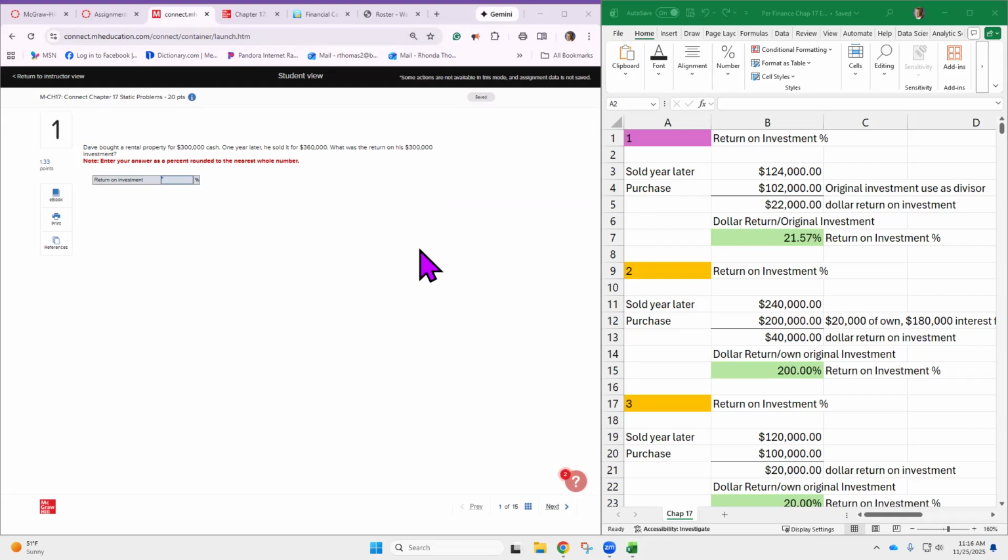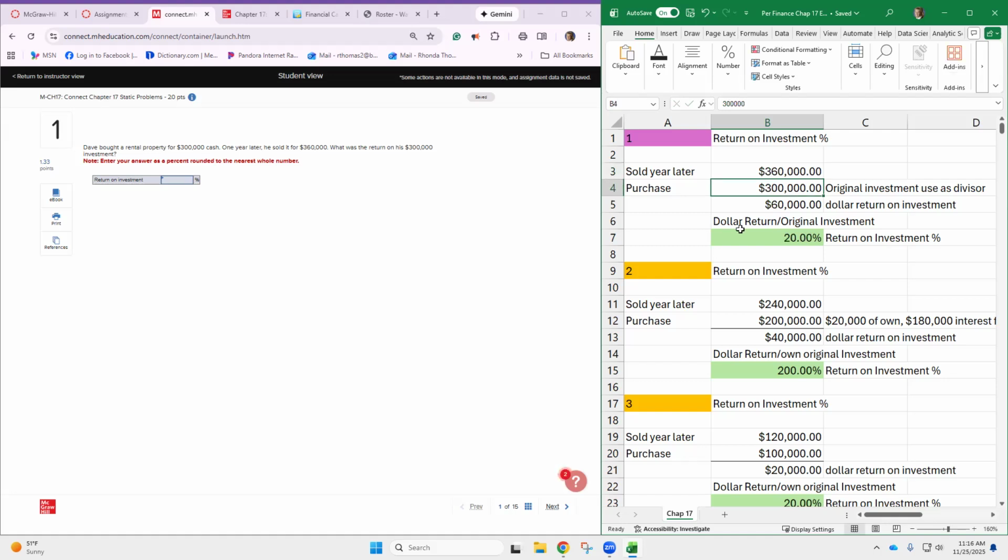So in this first problem, we're trying to find the return on investment, the percentage, right? So if Dave bought a rental property for $300,000, you would want to put that down as the original investment, and we're going to use that as the divisor, and then put how much he sold it for a year later.